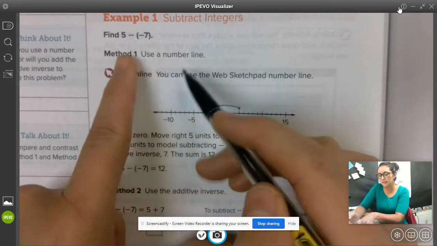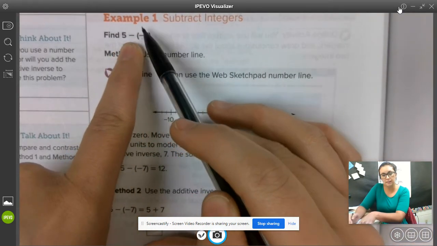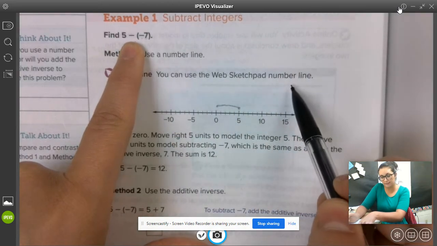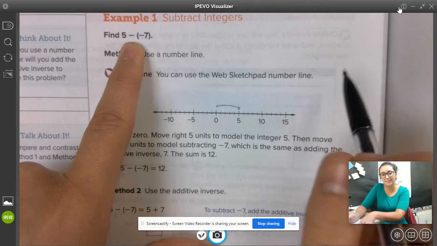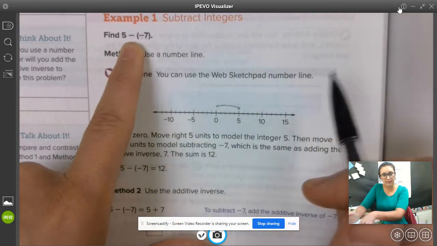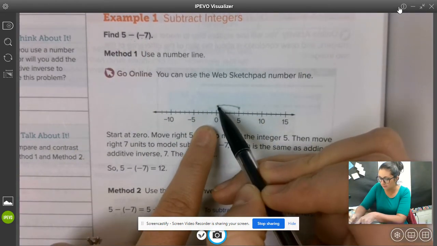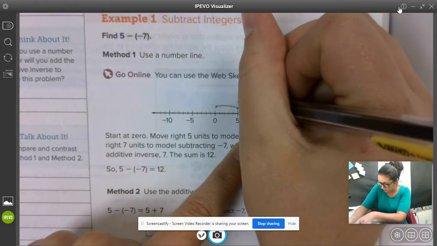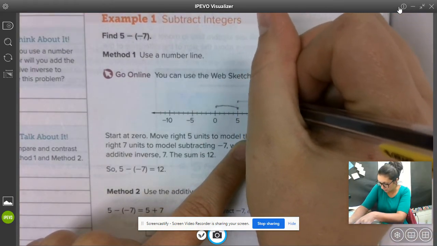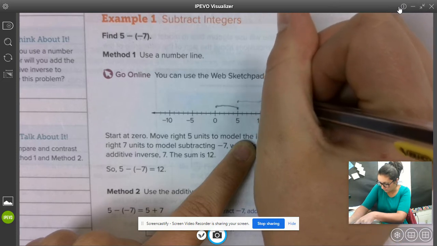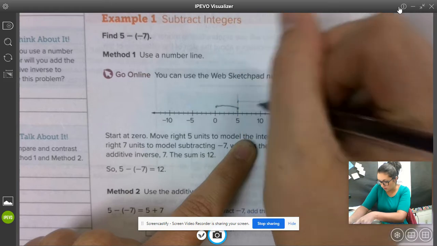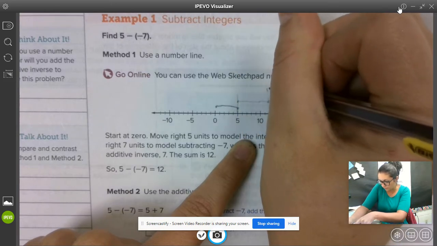So what this means is yes, I'm subtracting, but since this is negative, we're actually going to go to the right. I know that's a little confusing, but we're going to get the hang of it. So I have gone from 0 to 5, and then I'm going to go 7 more. And that's going to land us on 12.